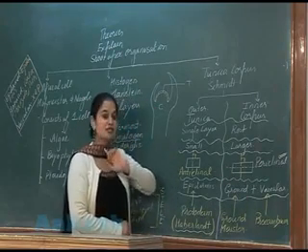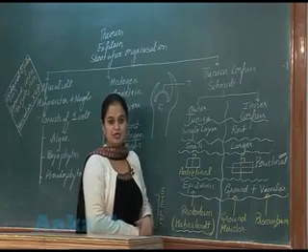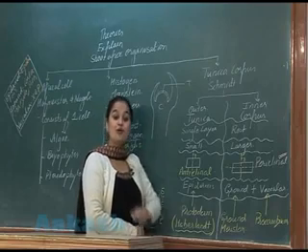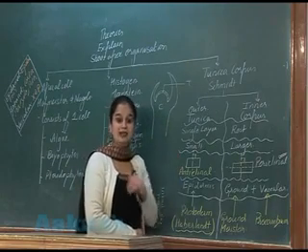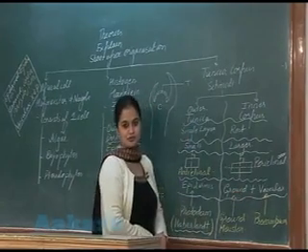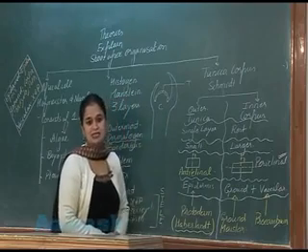Got it? Generally if it is one layer, what will it make? Epidermis. But if the tunica has more than one layer, only the outer part will form epidermis and the inner layers will form part of the ground tissue. So this is clear, the shoot apex organization.